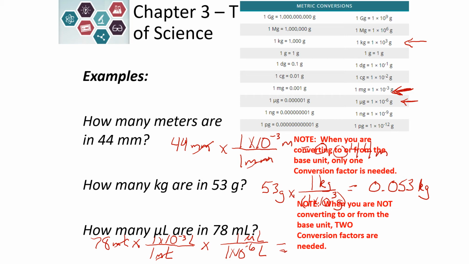So now we multiply across the top, divide by anything on the bottom to get our answer. Because we're going down the table from milli to micro, our number gets larger.